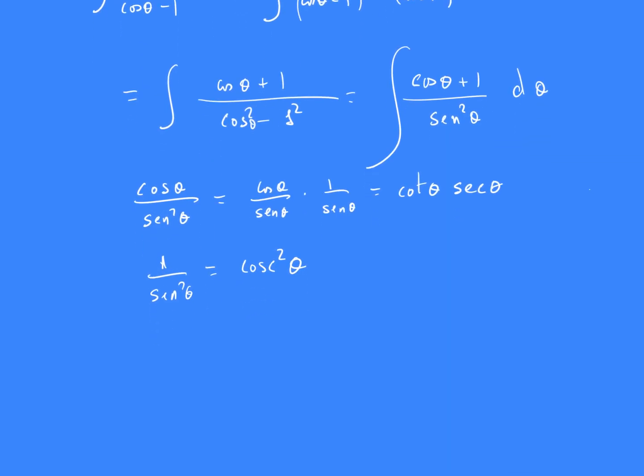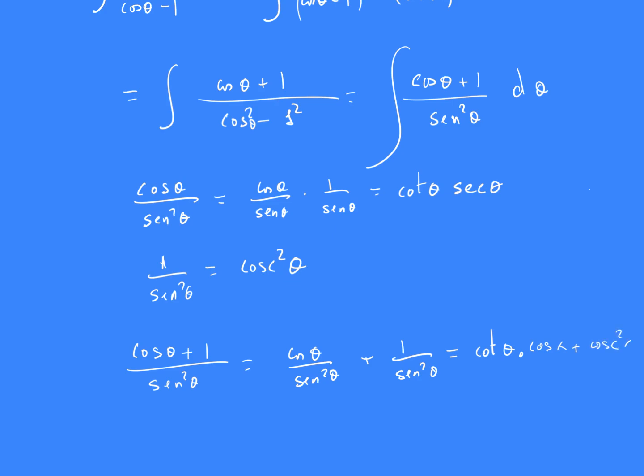So this division, cosine of theta plus 1 divided by sine squared of theta, is cosine of theta divided by sine squared of theta plus 1 divided by sine squared of theta, or in other words, cotangent theta multiplied by 1 divided by sine of theta, which is cosecant, plus 1 divided by sine squared, which is cosecant squared.